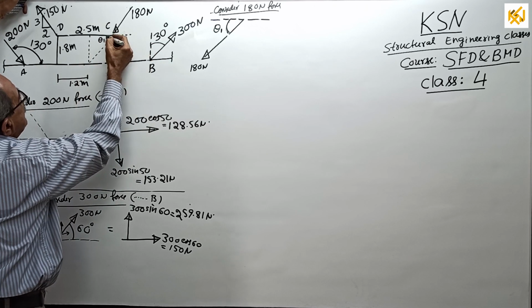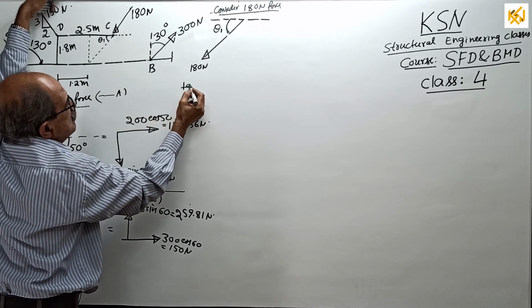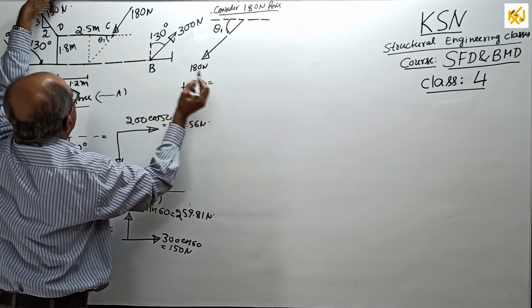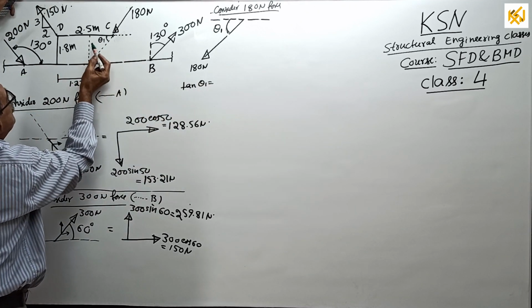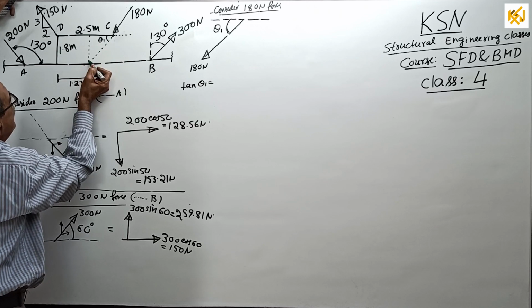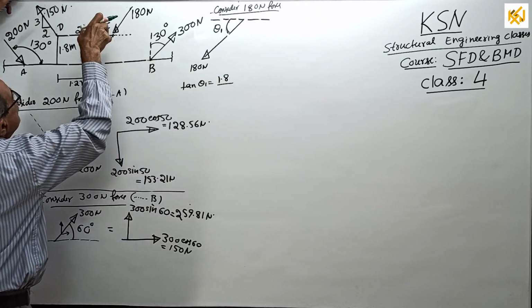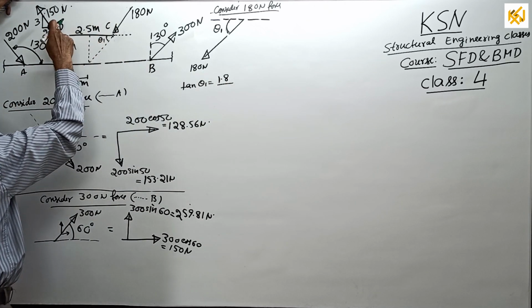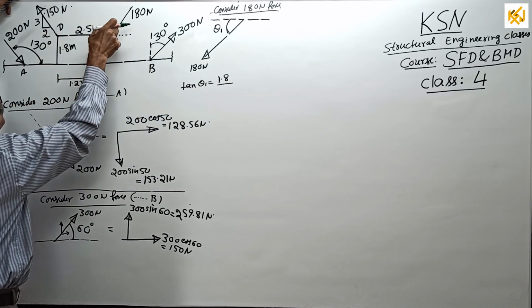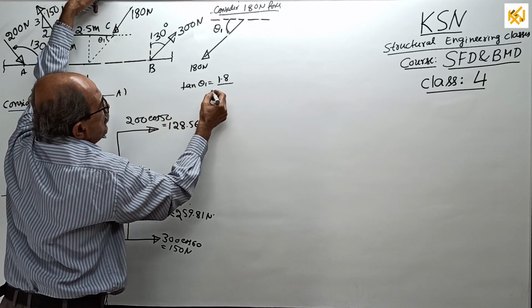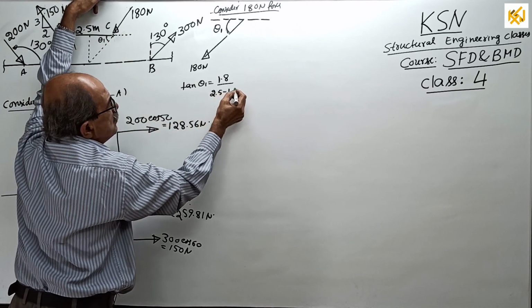See, tan theta 1 equal to this side by this side. This side is 1.8 meter given, 1.8 divided by this side. This full is 2.5 given. This is 1.2. So this will be 2.5 minus 1.2.